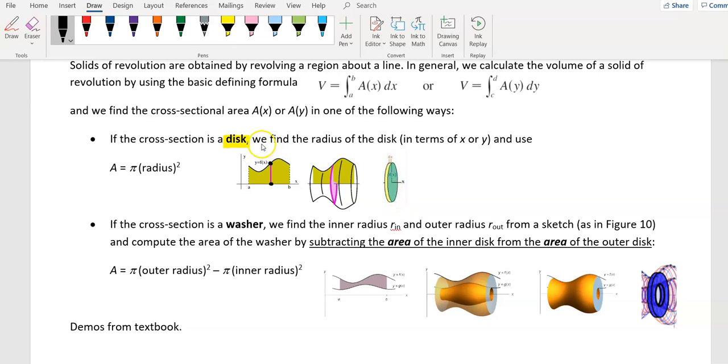To find the volume, we would need to find the radius of the disk in terms of x or y and use this area function, A equals pi r squared, in our integral. The reason we're using A equals pi r squared is because the shape that we've created is a circle. Now your radius is going to be your function that you're rotating around the axis.